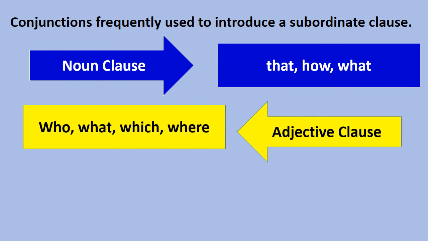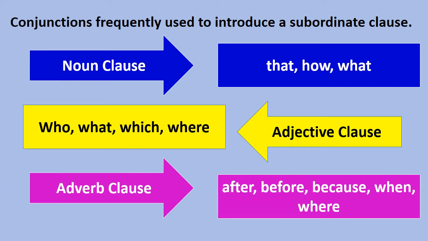An adjective clause is generally introduced using conjunctions who, what, which, where, etc. And an adverb clause is generally introduced using conjunctions after, before, because, when, where, why, etc.